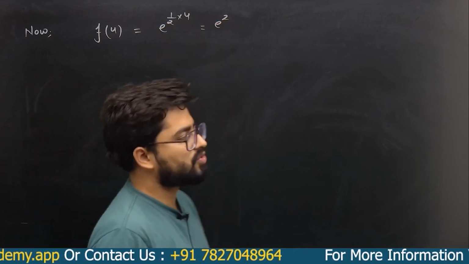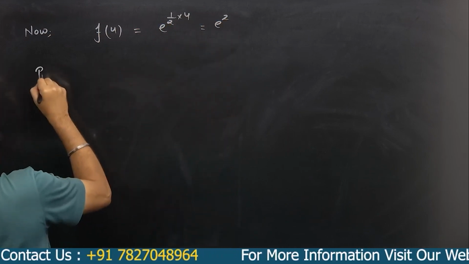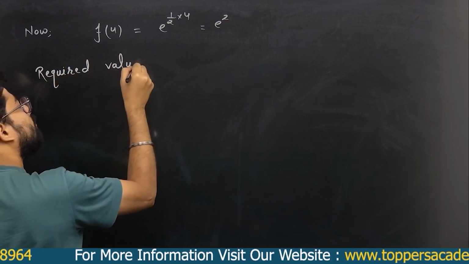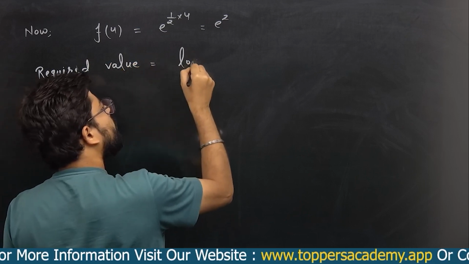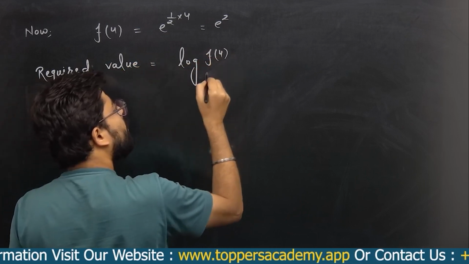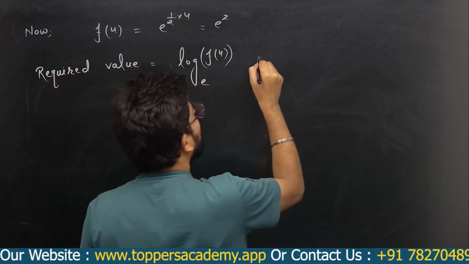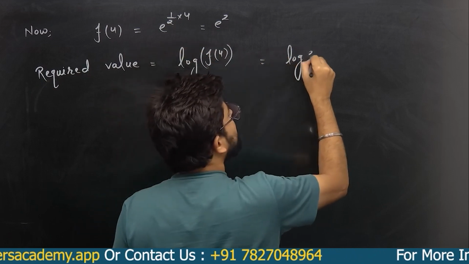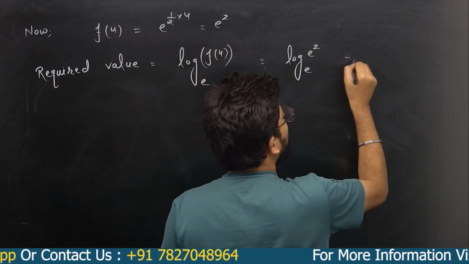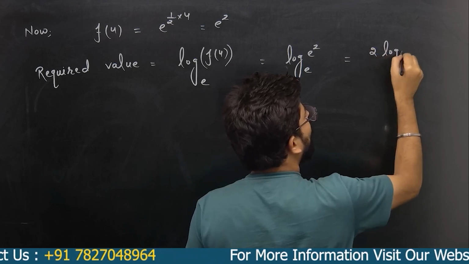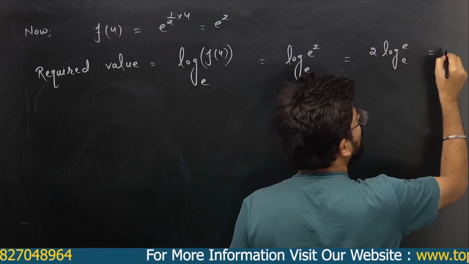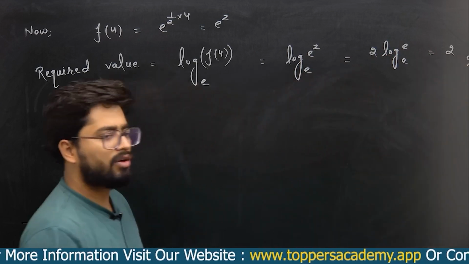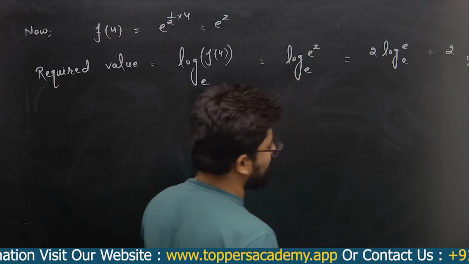So the required value is log of f of 4 to the base e, that is log of e square to the base e. Now you can apply the property, so this will become 2 log e to the base e, and log e to the base e is 1, so that is 2 into 1 is 2, and that is your final answer. Got it? So the final answer is 2 here.